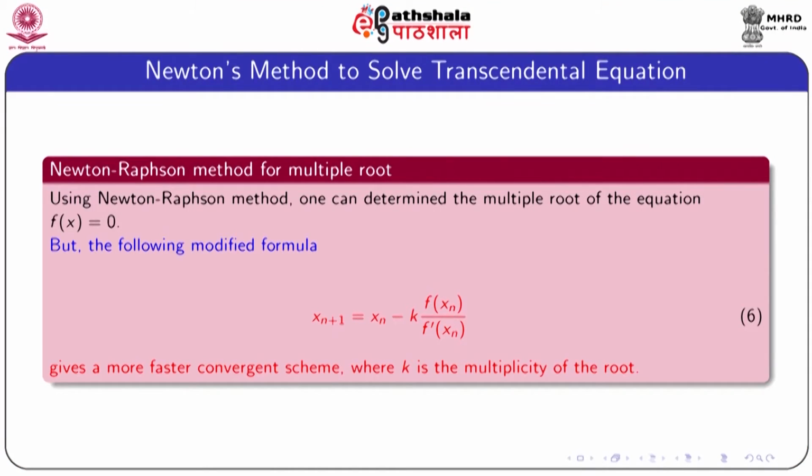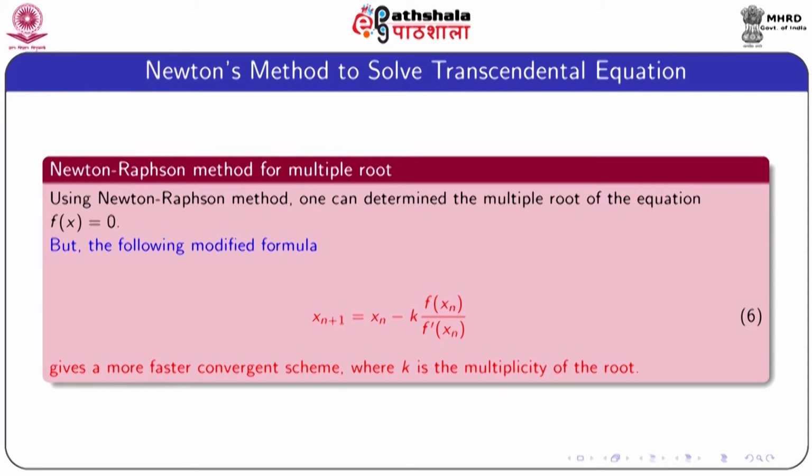Now we describe the Newton-Raphson method to find a multiple root of an equation f(x) = 0. The standard Newton-Raphson method may be used to find all the multiple roots of an equation, but the following modified formula, that is x_{n+1} = x_n - k f(x_n)/f'(x_n), where k is the multiplicity of the root, converges faster.